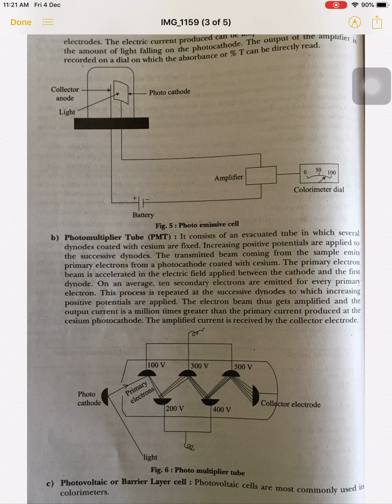So the output current is a million times greater than the primary current produced by the cesium photocathode. Now the amplified current is received by the collector electrode, and finally this instrument converts the electric current into the absorbance and transmittance value.